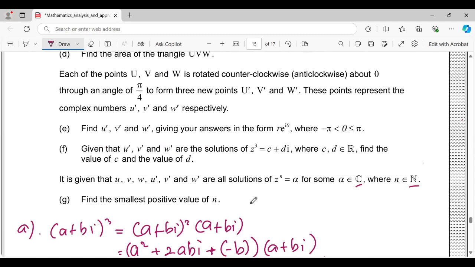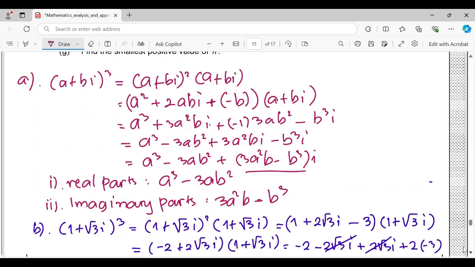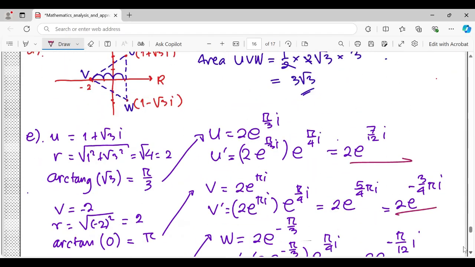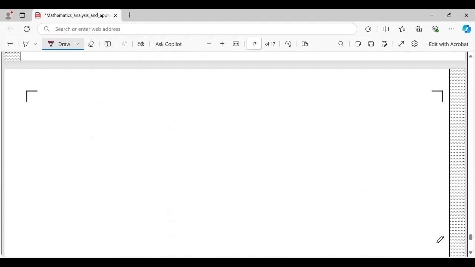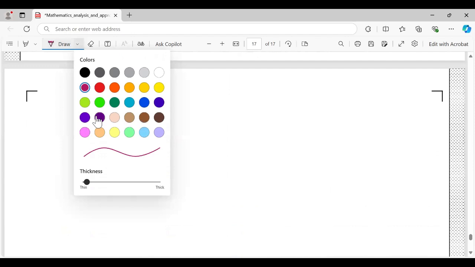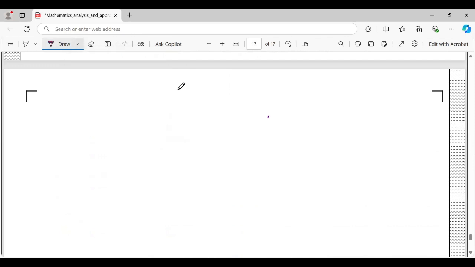Find the smallest positive value of N. So G, I'm going to use a different color. This one. Okay.